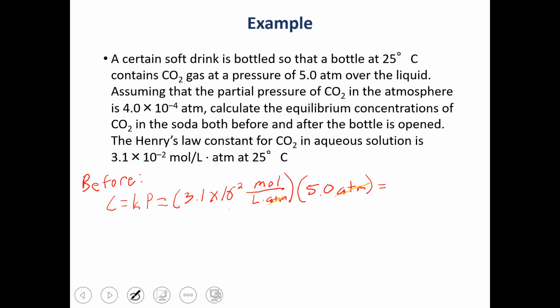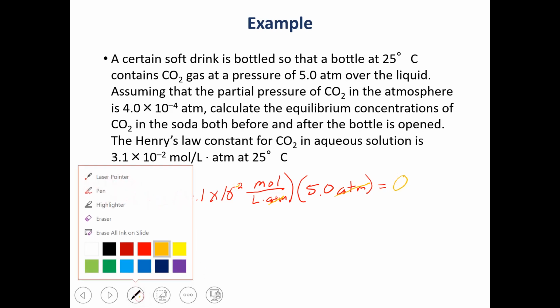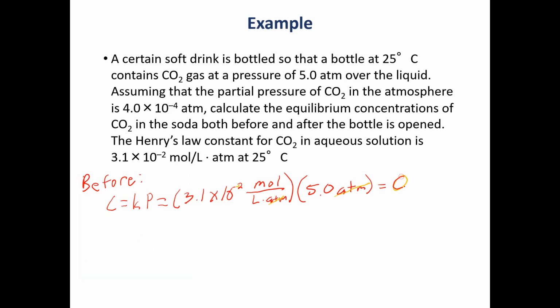If we multiply 3.1 times 10 to the negative 2 times 5, that gives us 0.16 moles per liter, and moles per liter is the same thing as molar, so 0.16 molar.